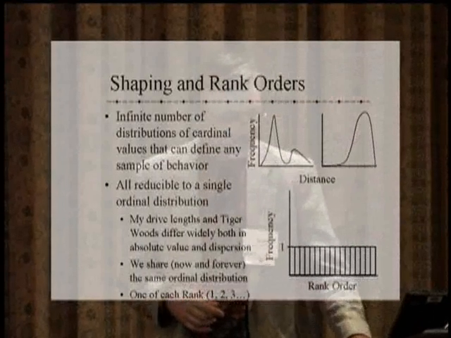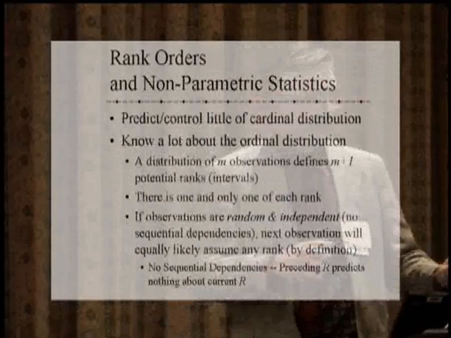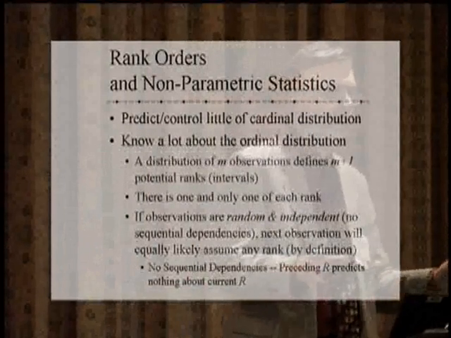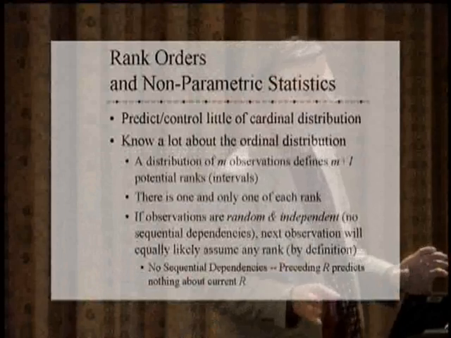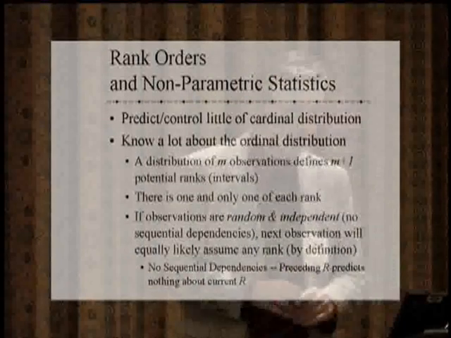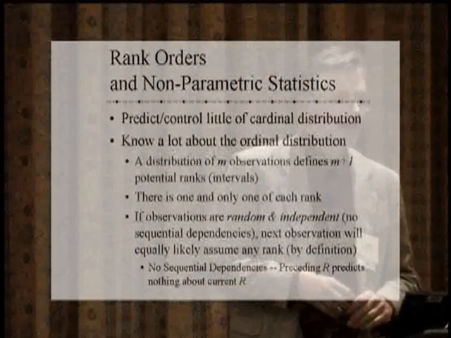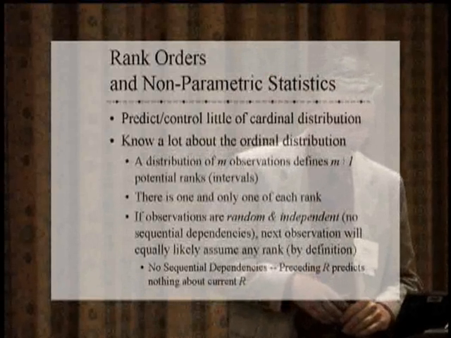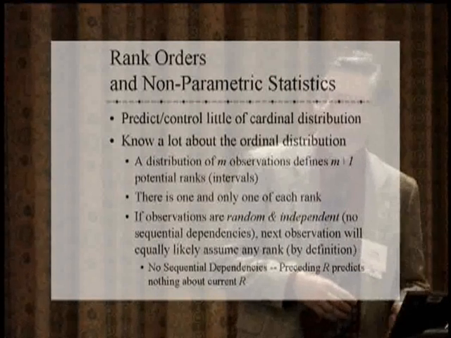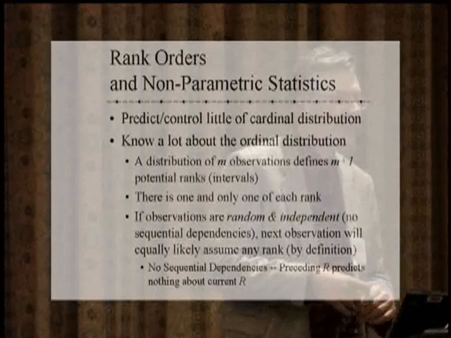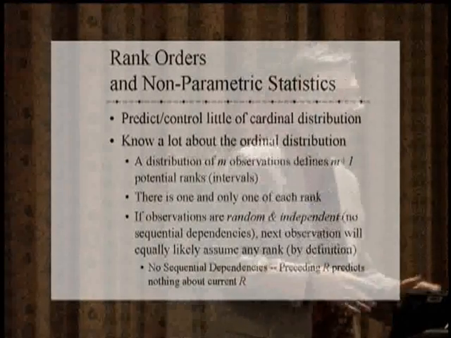So if you insist on paying attention to the cardinal distribution, you'll never be able to predict and control what happens on my next drive. But if you'll give that up for a moment, I can tell you that we know a lot about the ordinal distribution. We know that in the distribution of m observations, there are m plus 1 potential ranks that the next drive can be.